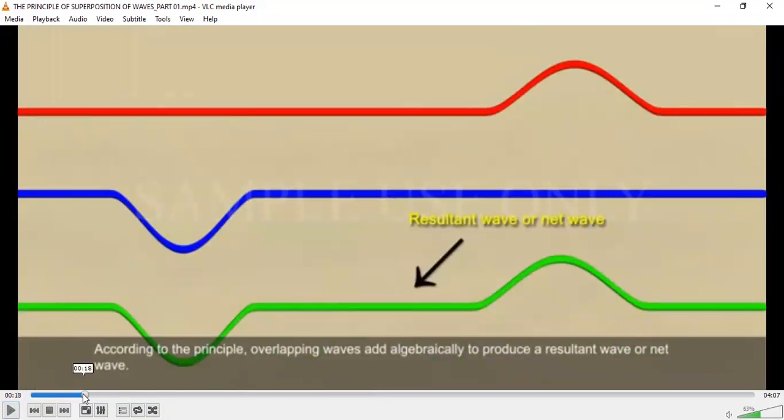Please take notes now. And draw the diagram also.